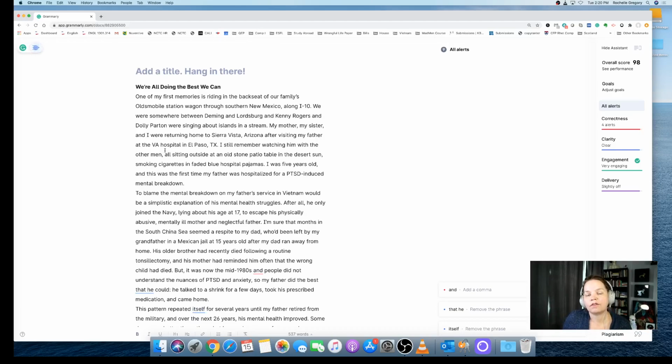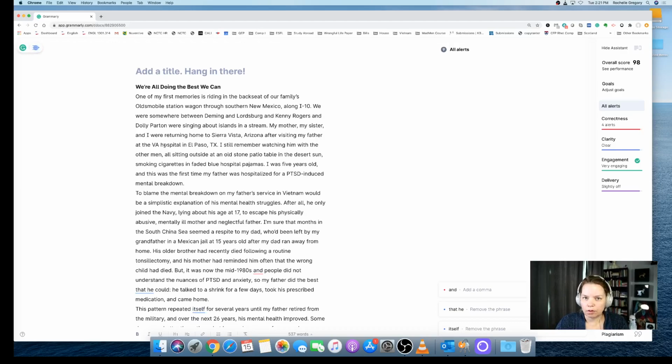It identifies places where those rules might have been broken or it might not be as easy to understand, and it'll flag them for you. That's not to say that you want to go through your paper and change every single thing that they suggest. I would encourage you not to do that at all.